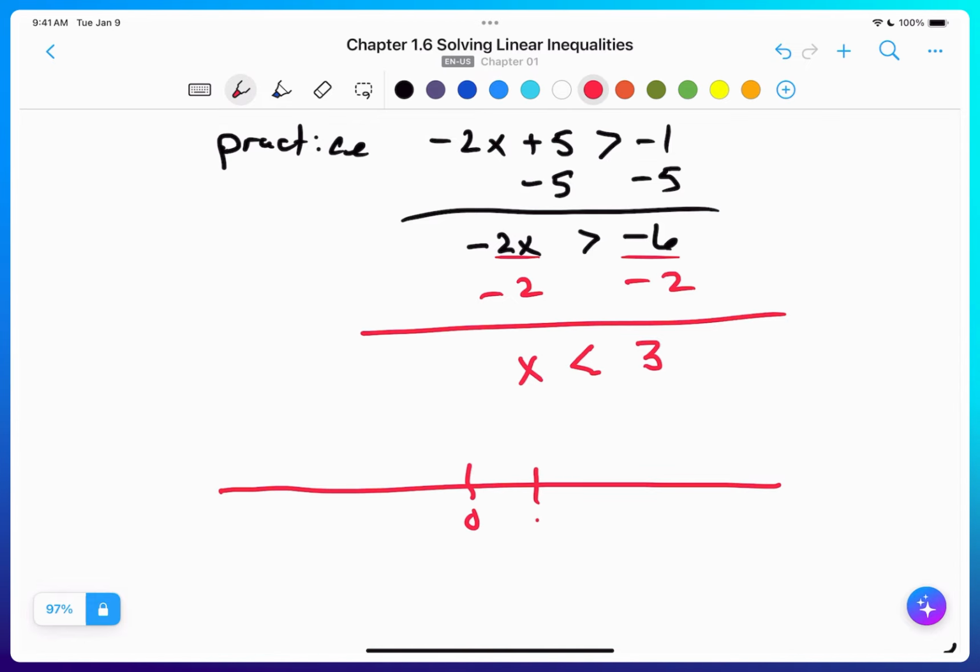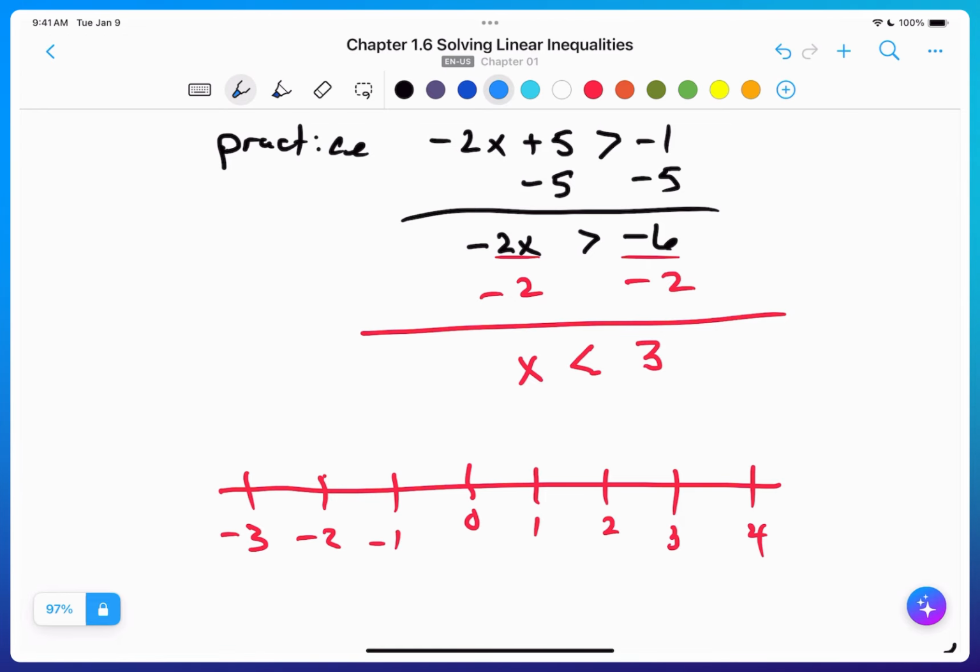And if we were to draw it on a number line, this would be 0, 1, 2, 3, 4. This is -1, by the way. -2, -3. I'm just putting too many. And I'm going to use blue too. So we come back here, and it's x is less than 3.